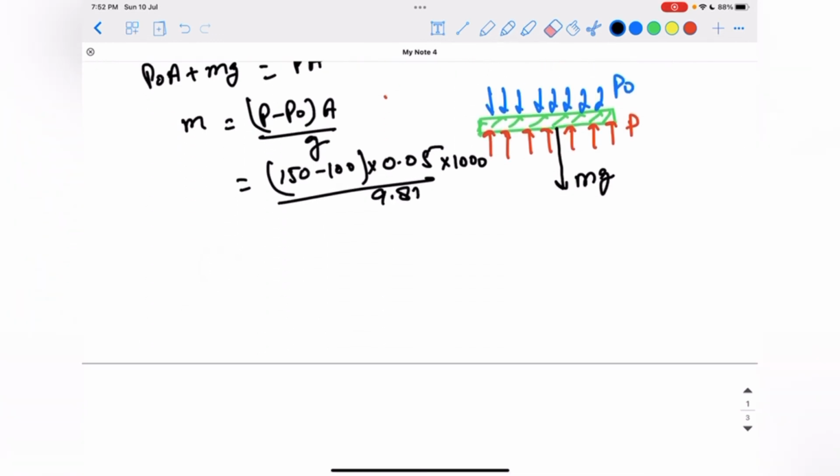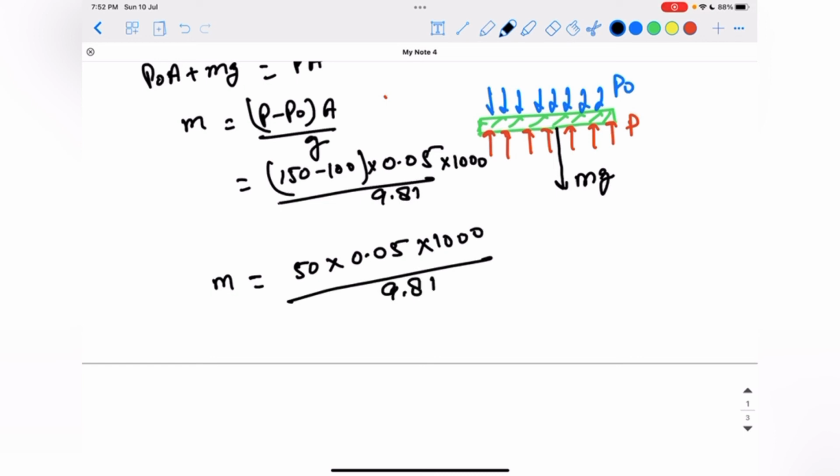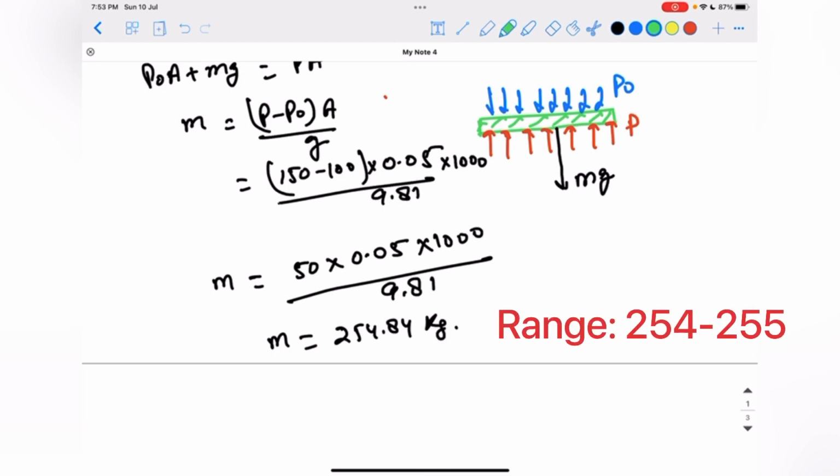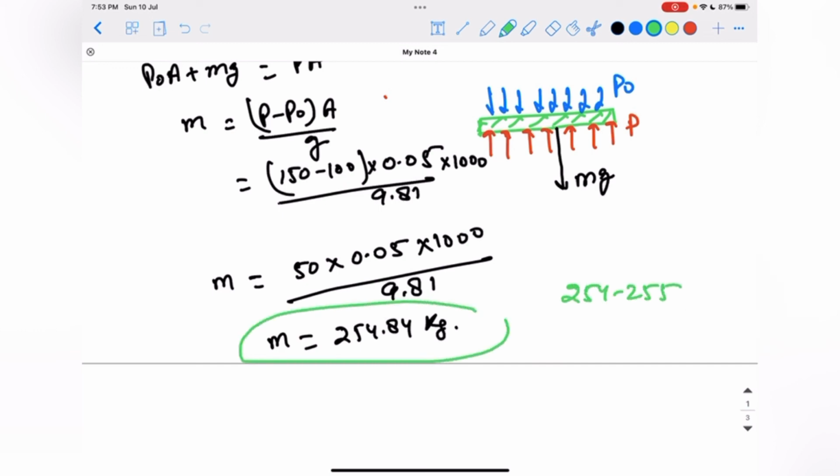Solving, I get 50 into 0.05 into 1000 divided by 9.81. Now you can use a calculator because it is somewhat typical. So I got the mass as 254.84 kg. The range given is 254 to 255, so this is absolutely correct.